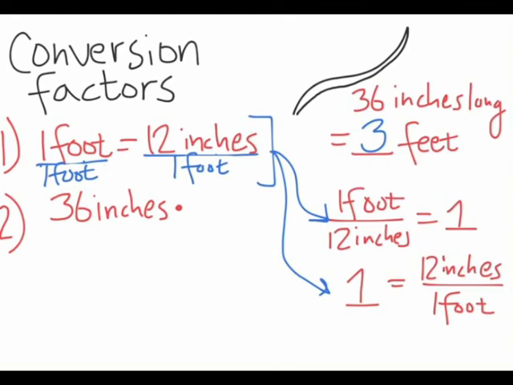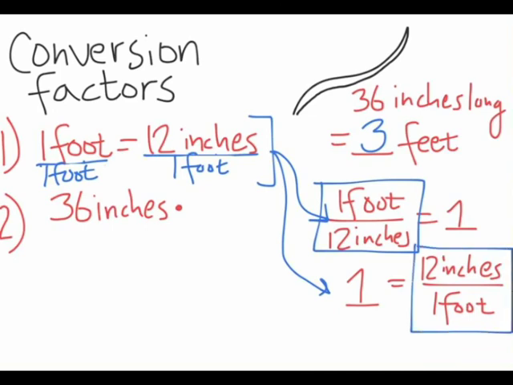Here's what we're going to do. This fraction is equal to 1, and so is this one. If we multiply 36 inches by one of these two fractions, then we won't change the essence of what 36 inches is, but we will be able to convert inches into what we want, which is feet.